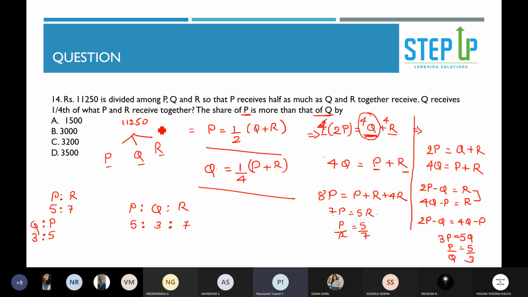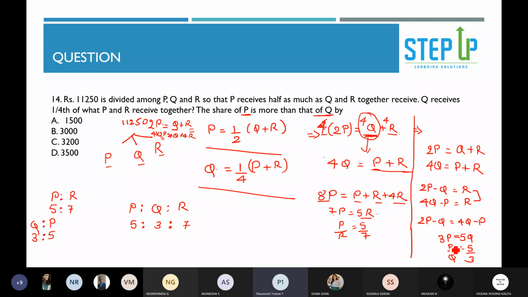This equation is 2P is equal to Q plus R. I need to multiply 4 everywhere, so 4 into 2P, that's where I got 8P. Now in place of 4Q, I substituted P plus R, plus 4R. So this will give you 5R and this will give you 7P. You got P is to R is 5:7. Fair enough?